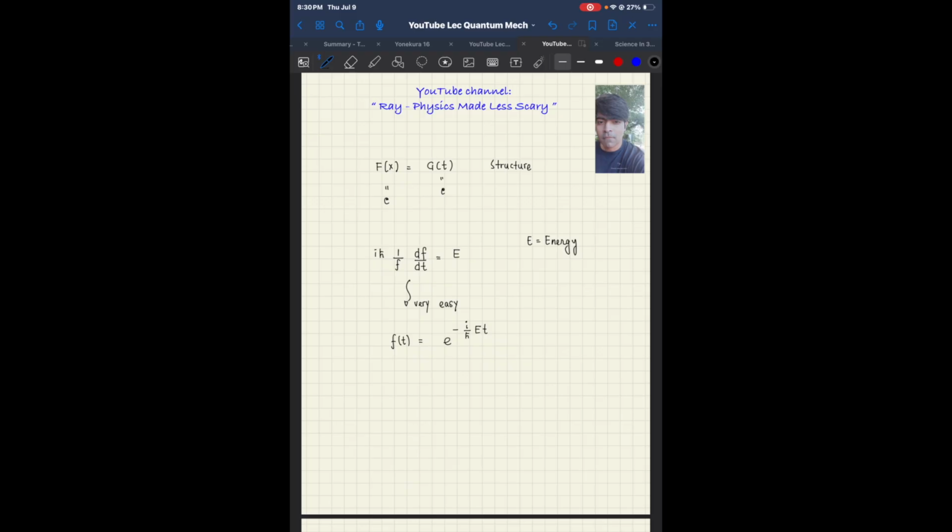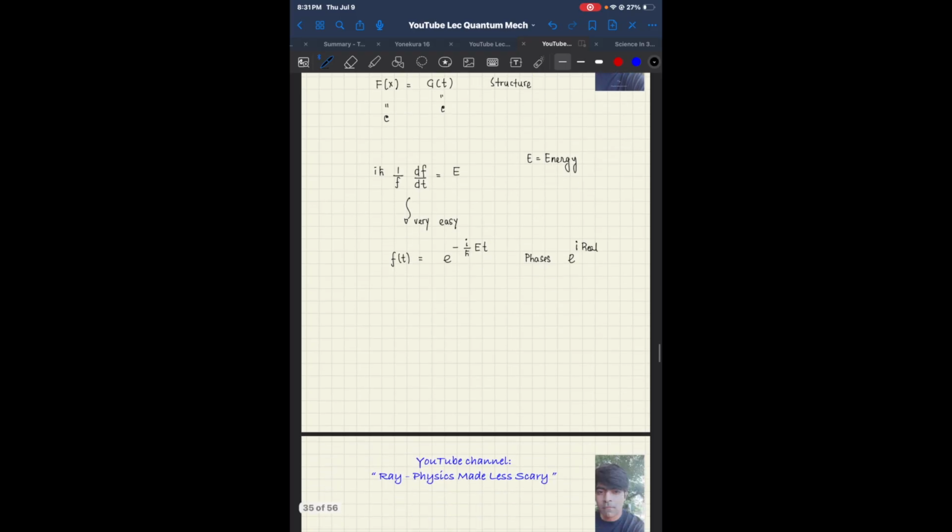Why? Because if you differentiate it with respect to t and divide by f, then it's easy to see that this equation holds. Basically, these kinds of equations will generate phases for you. By phase, I mean the exponential of some i times some real number or real function. Great. So you have already solved half of the problem.